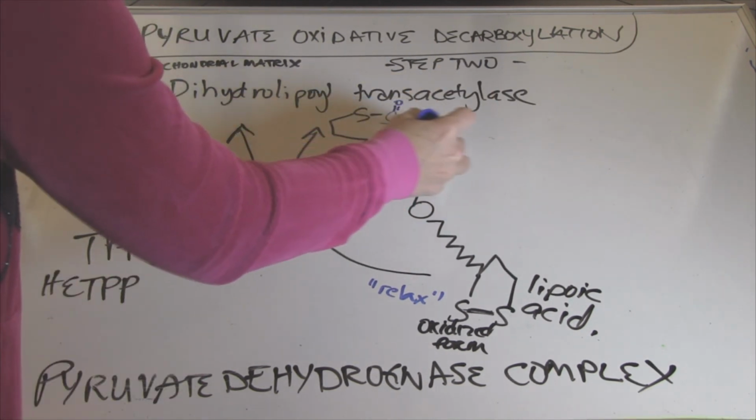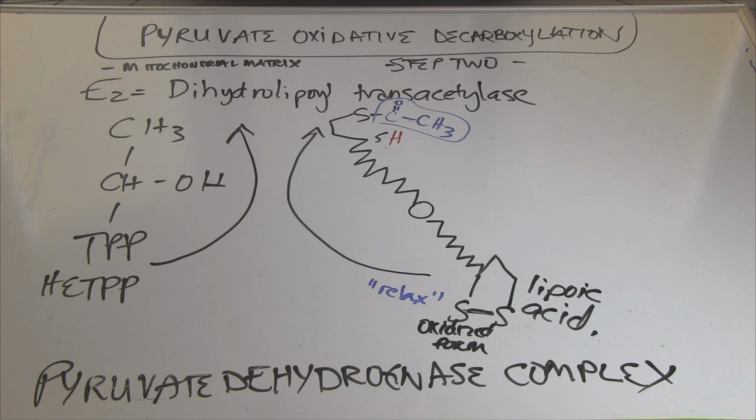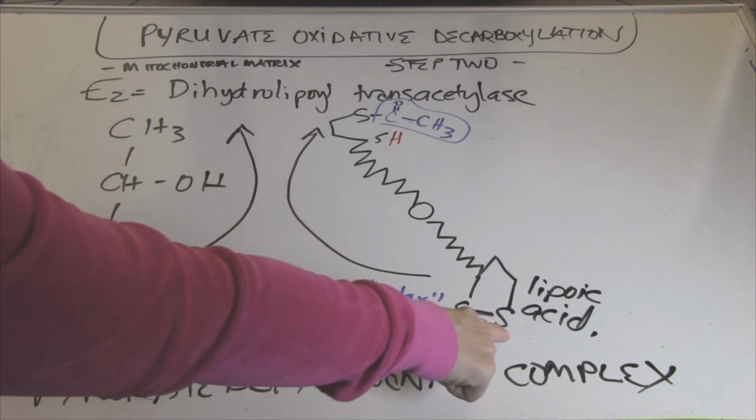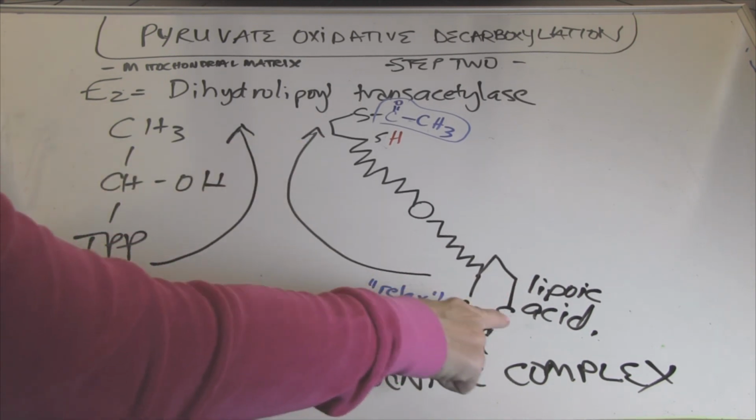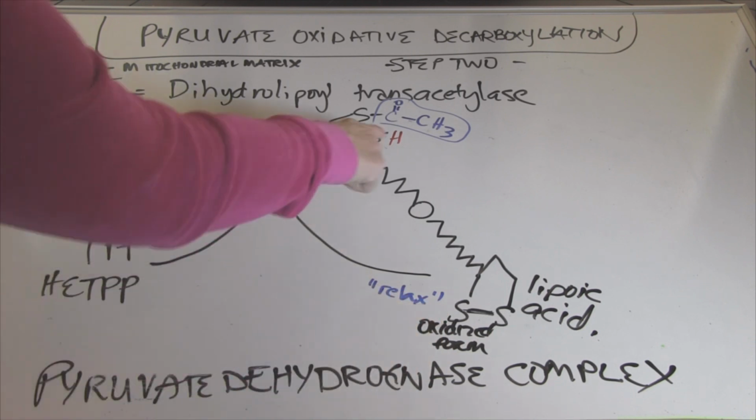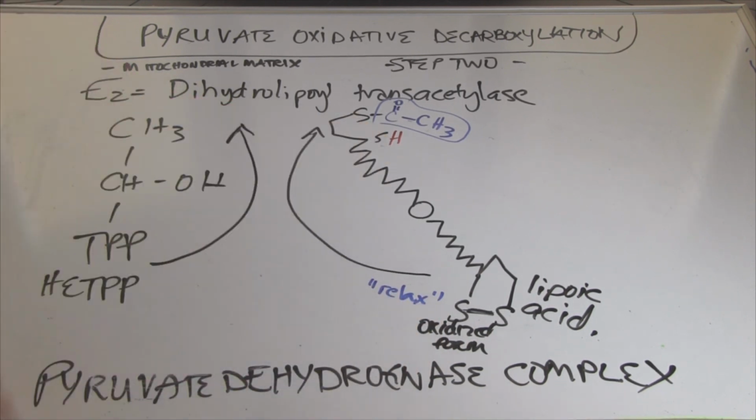So this is going to be our acetyl group that will attach to the lipoic acid, one of the sulfurs. We're going to break this disulfide bond, and we reduce the other sulfur.